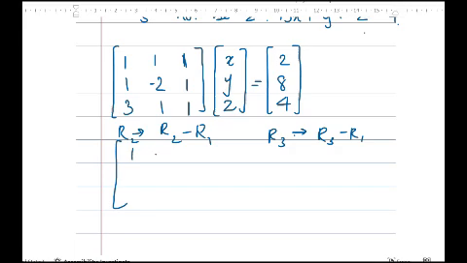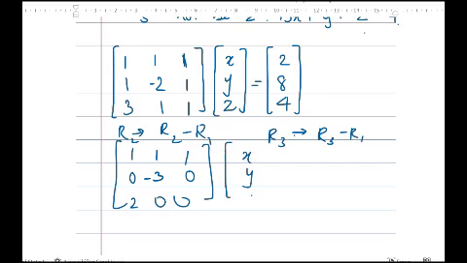So what matrices will you get? You'll get 1, 1, 1 as it is, 0 minus 3, 0 over here, and 2, 0, 0 over here. Alright, and your x, y, z as it is, and your final answer matrix will be 2, 8, 4.